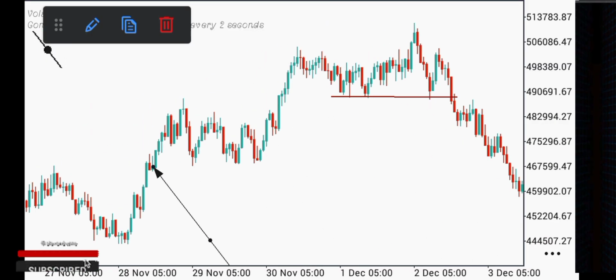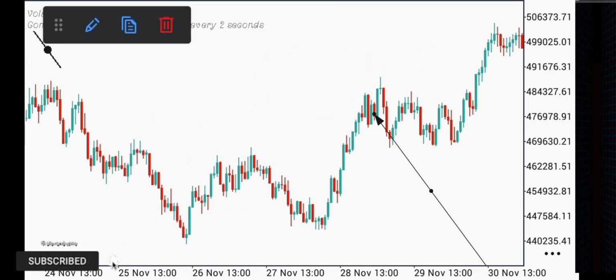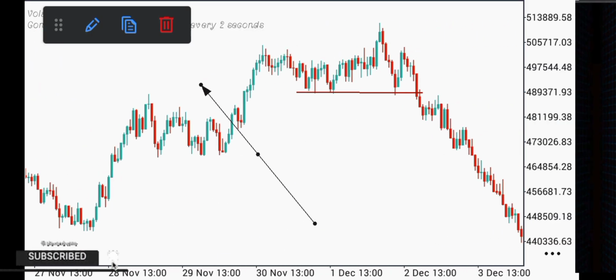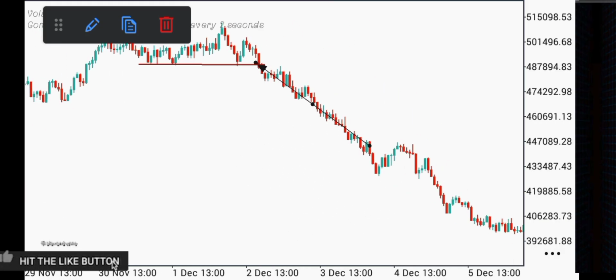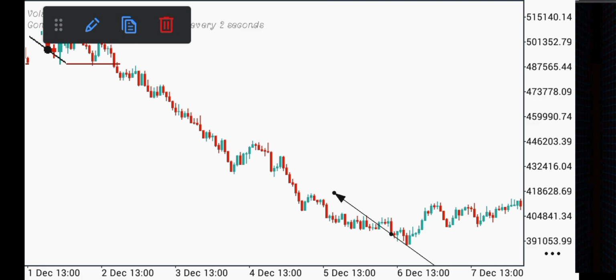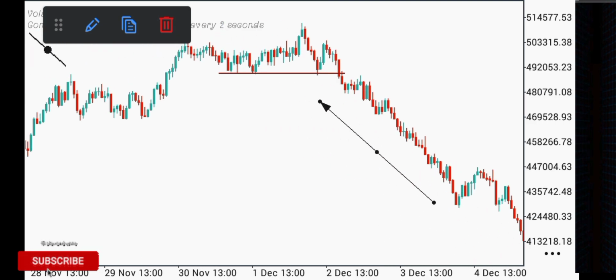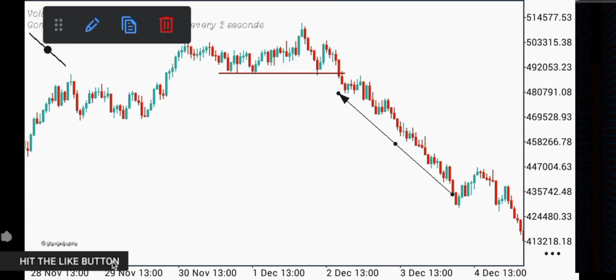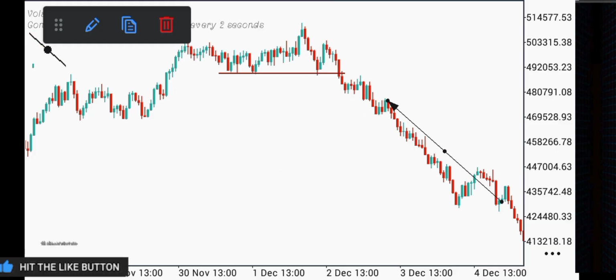Price changed from this upward movement to a downward movement. You can see this downward movement. This is what we call a valid change of character. Price broke structure and started giving us a lower low. That's how price changed from an uptrend to a downtrend.